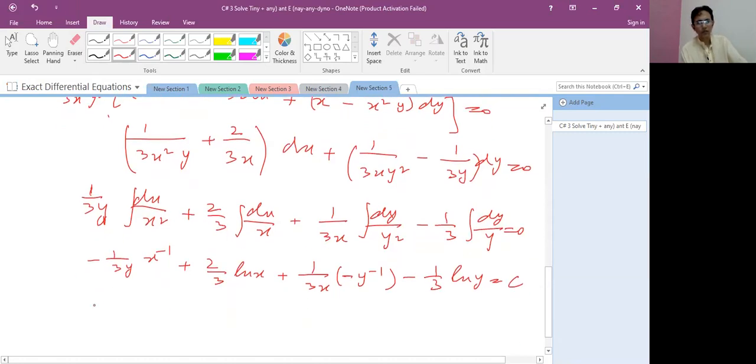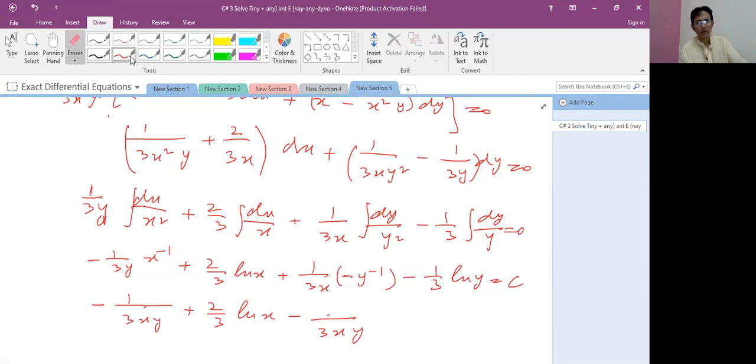So in the next step, student, further we simplify them, 3xy plus 2 upon 3 ln x plus minus minus 1 upon 3xy plus minus 1 upon 3 ln y equals to c.